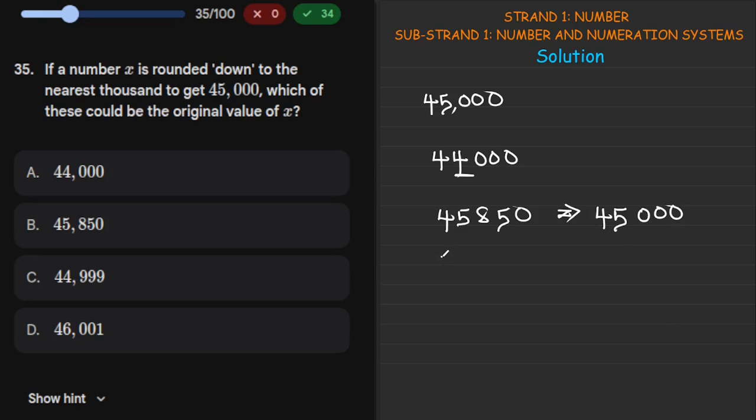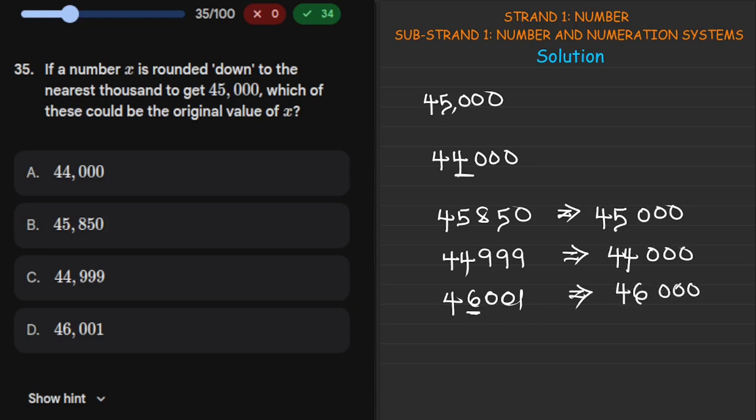For the next one, which is 44,999. So as I've said, for rounding down, maintain the place value you are talking about. So we maintain 44 and change all the remaining to 0. The next one, which is 46,001, rounding down to the nearest thousands. You maintain the thousand column, which is a 4, 6, and then change the remaining to 0.